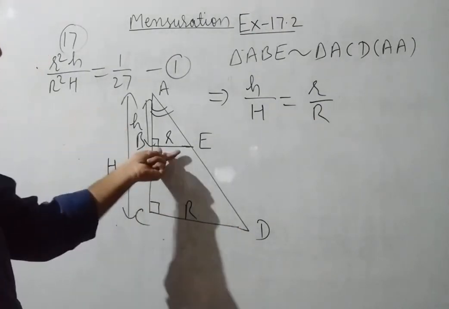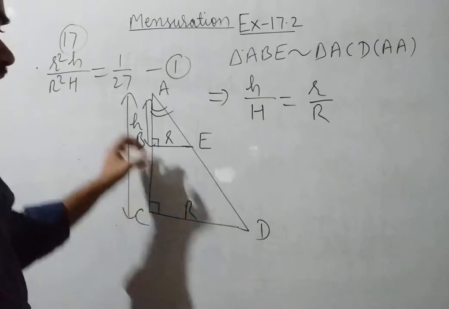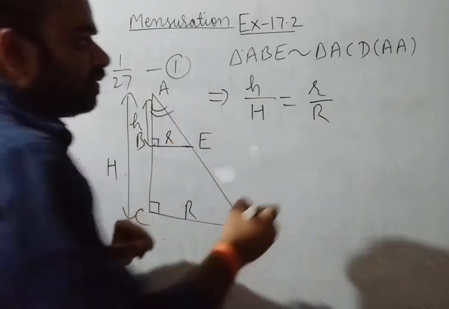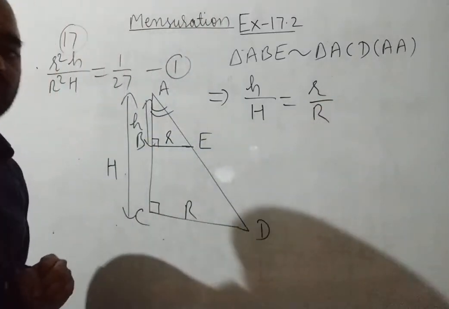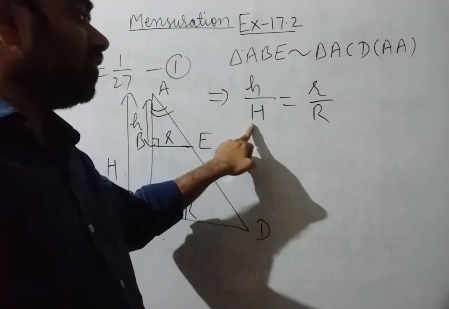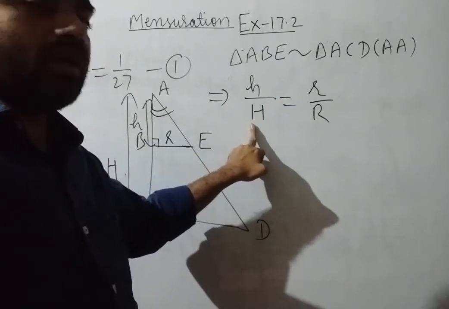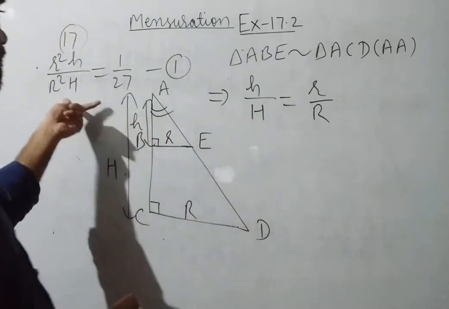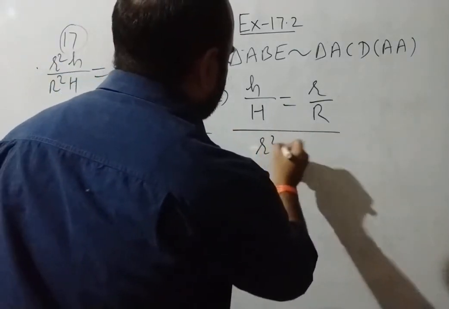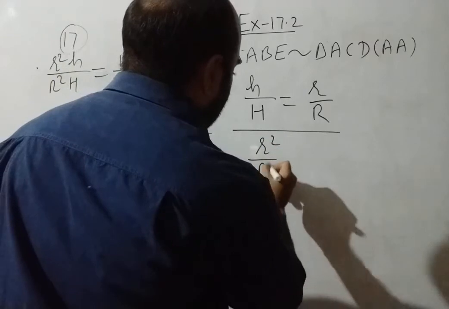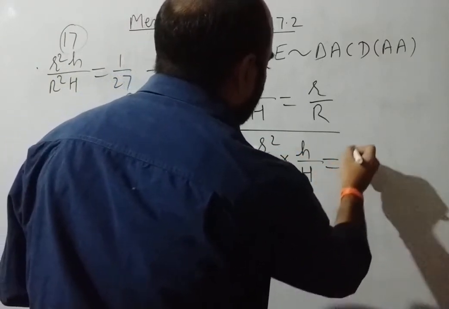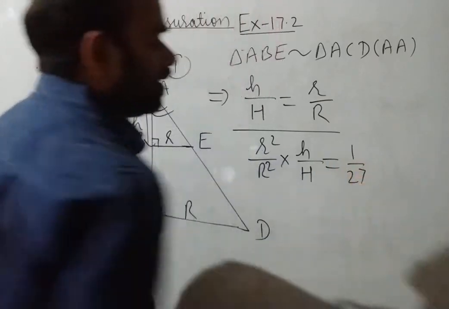That is why small r upon capital R is equal to small h upon capital H. So small r upon capital R can be substituted as small h upon capital H. See, equation 1 is r square upon capital R square into h upon capital H is equal to 1 upon 27.